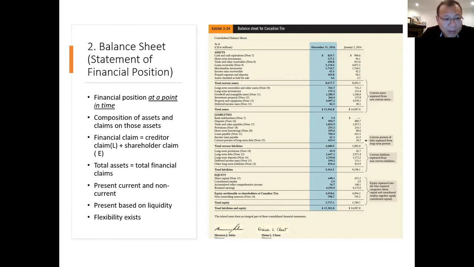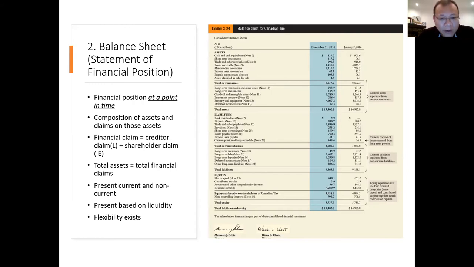I'm not sure if you remember, in 2100 we used the mortgage as an example. The mortgage term will be maybe 25 years or 30 years, so it's a long-term liability.